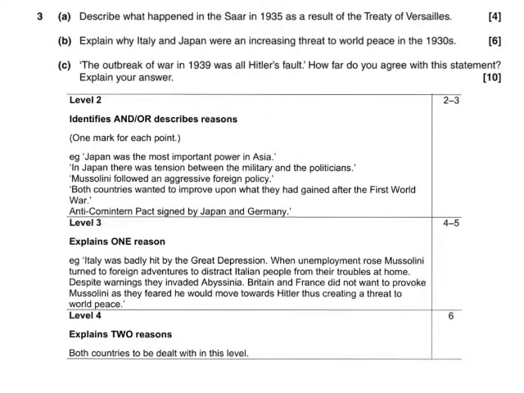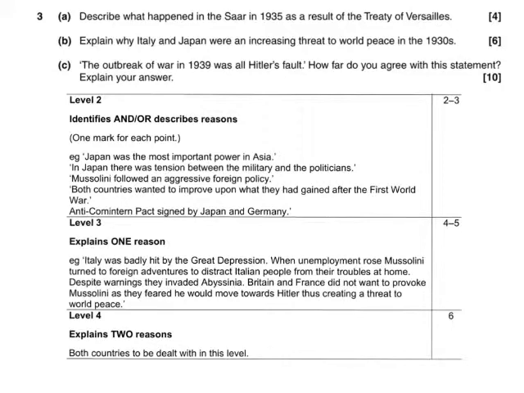Unemployment rose. Mussolini turned to foreign adventures to distract Italian people from their troubles at home. Mussolini is the driving force behind the Abyssinian episode. Despite warnings from the League of Nations, predominantly Britain and France, he invaded Abyssinia anyway. And then finally, the thing that really explains why there's a threat is that Britain and France did not want to provoke Mussolini, because they feared he would move towards Hitler, thus creating a threat to world peace.